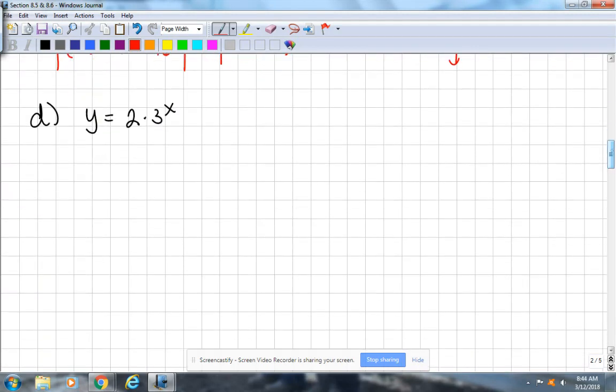Let's do one like D and then E, and then we might do just the table for the next one, just so I can show you how to do a decimal. This is 2 times 3 to the x power. So Peyton, this is one like I was talking about a while ago where it's not going to be 0, 1 necessarily.